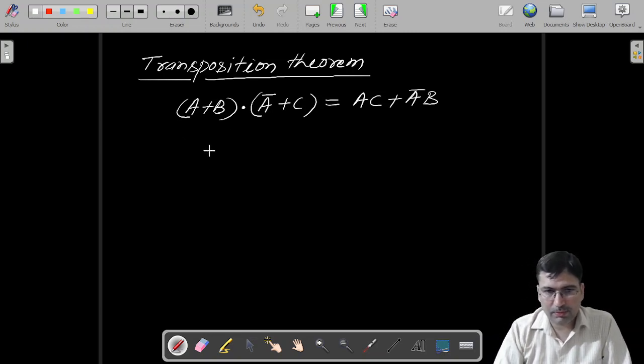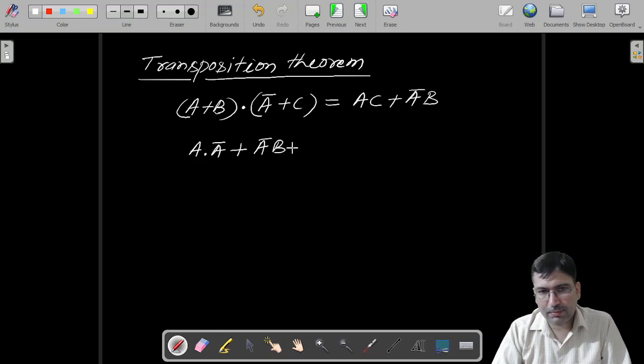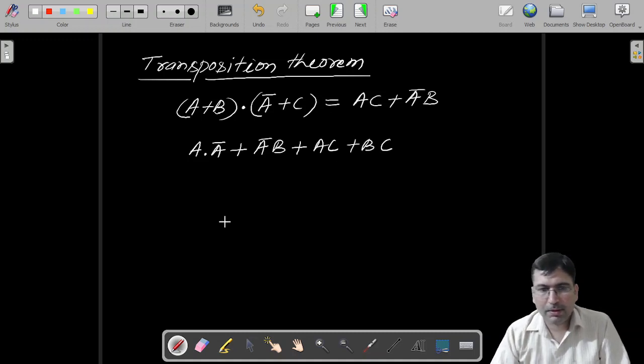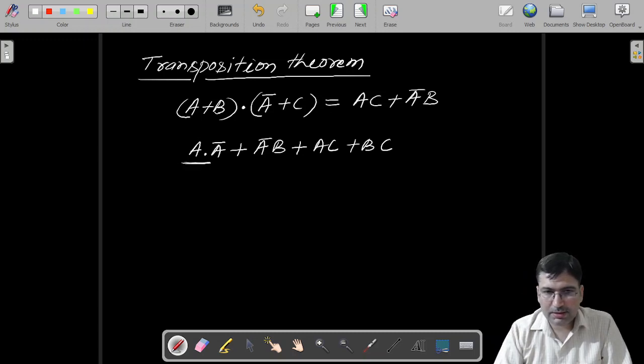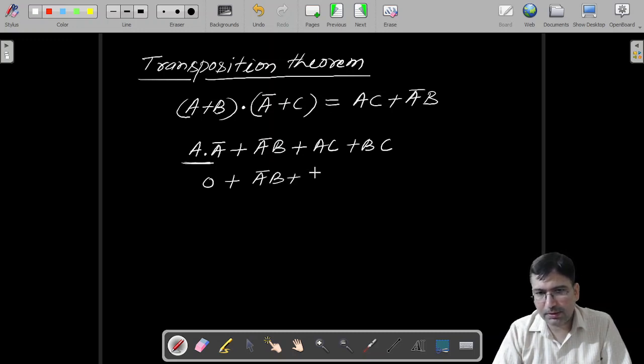Like we can write this thing as A dot A bar or A bar B or AC or let's say BC. So this thing is 0. So you can write 0 plus A bar B plus AC plus BC, right?